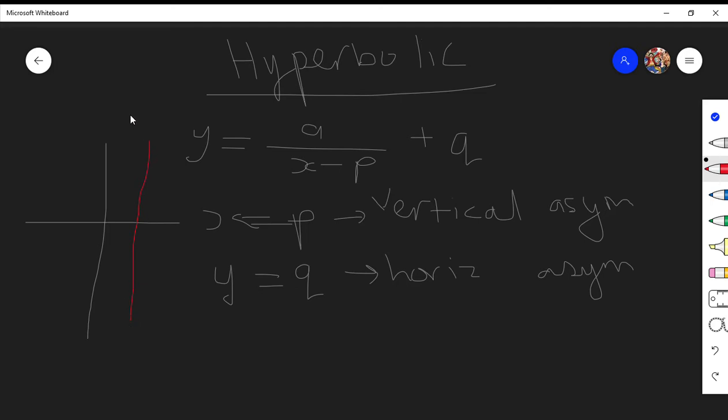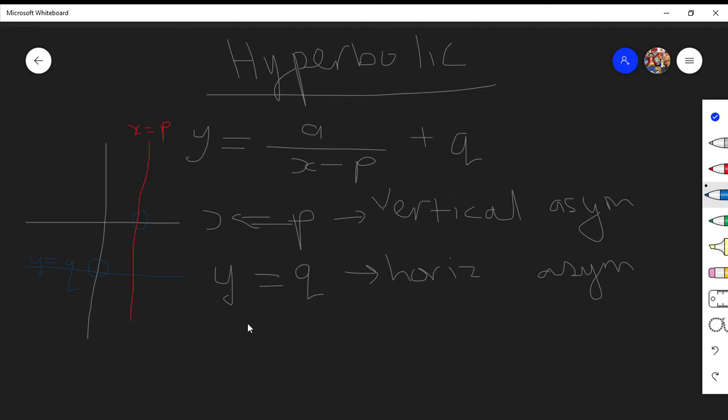So this would be our vertical asymptote, x is equal to p, and this would be our horizontal asymptote of y is equal to q. So as you can see, the vertical asymptote cuts the x-axis and the horizontal asymptote cuts the y-axis.